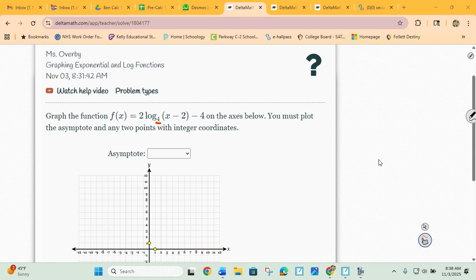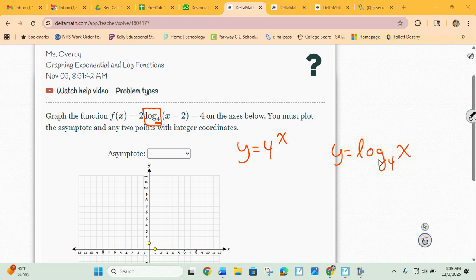So what that makes me think is that I'm going to be looking at y equals 4 to the x, because that is the flip of y equals log base 4 of x. So it makes sense that our parent function is right here. The rest of it, transformations, easy peasy.